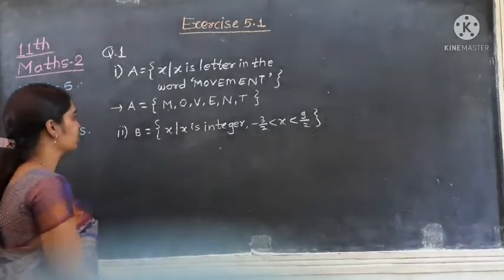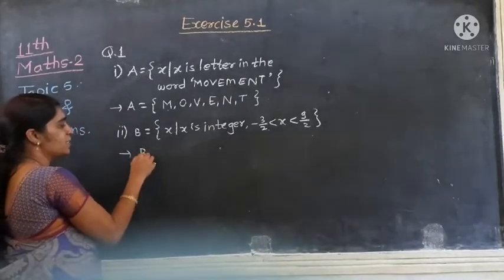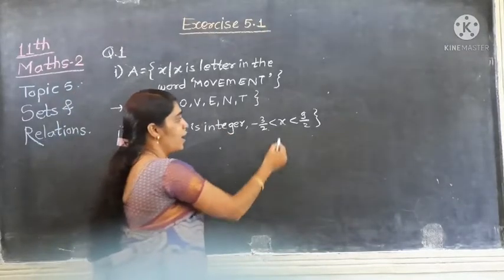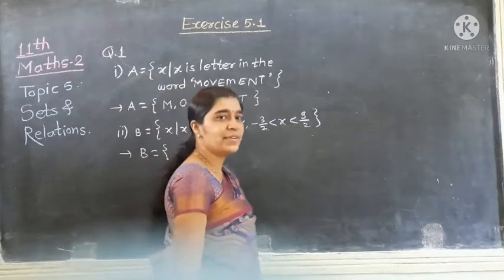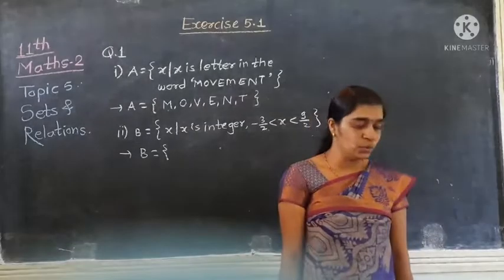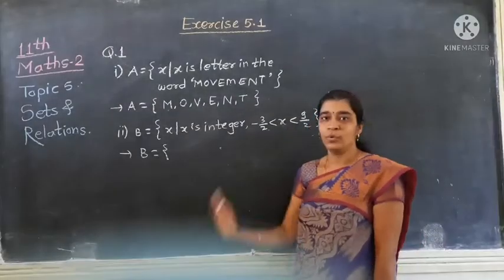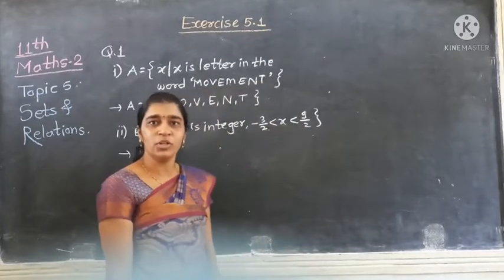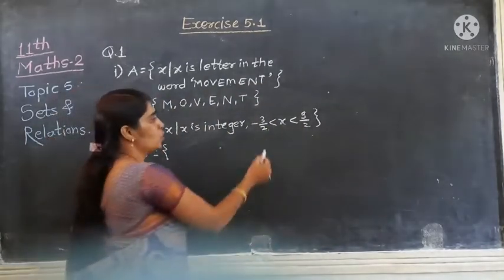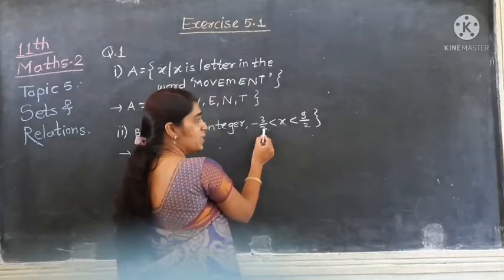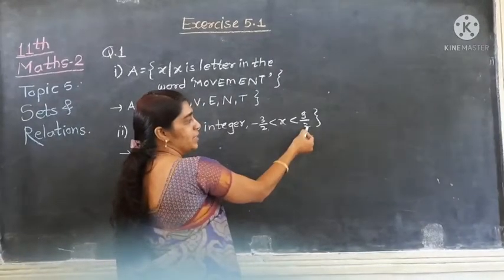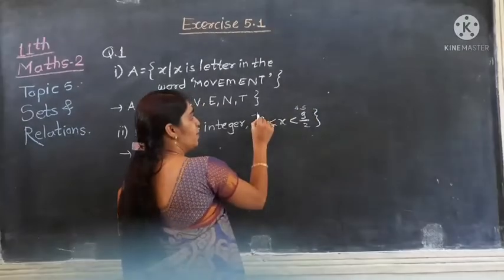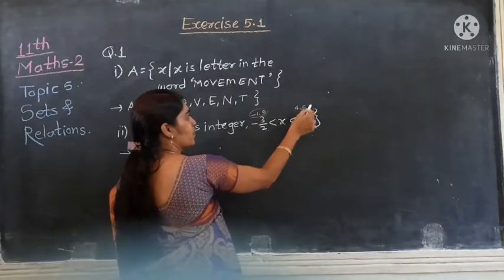Integers include 0, positive numbers and negative numbers. Minus 3 upon 2 means minus 1.5, and 9 upon 2 is 4.5.